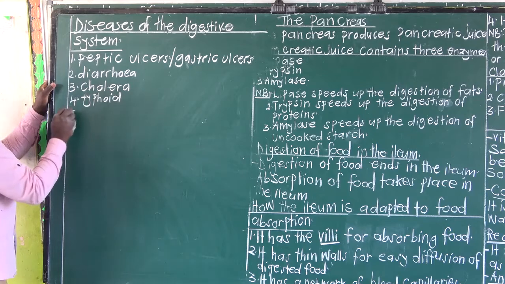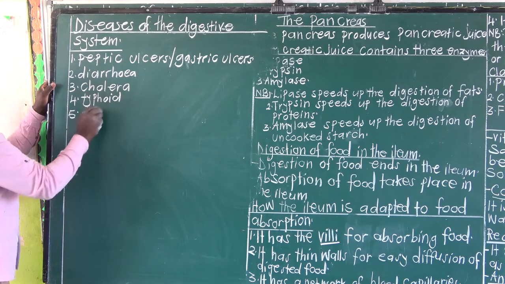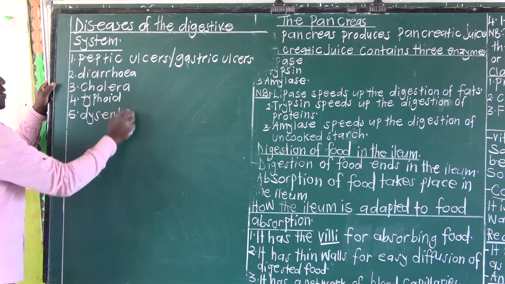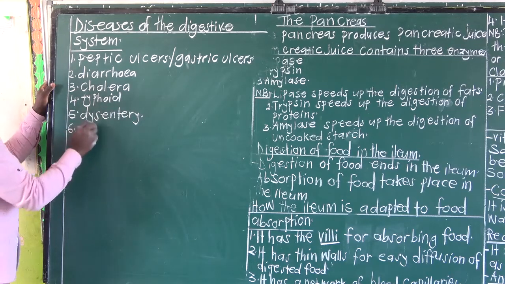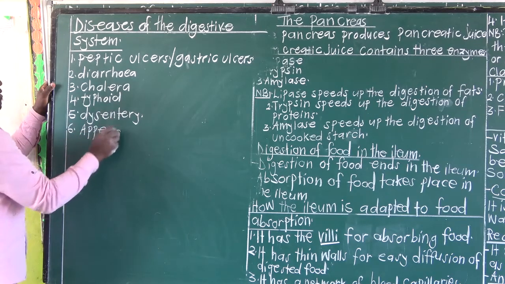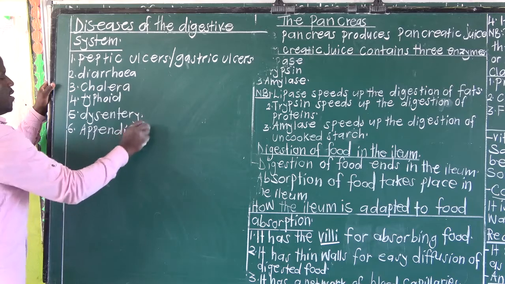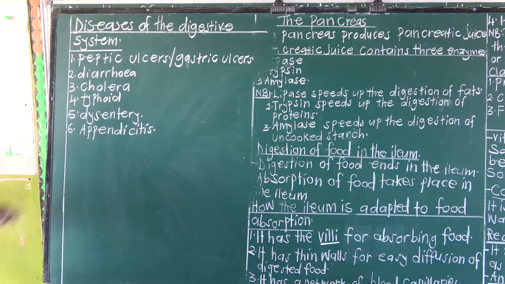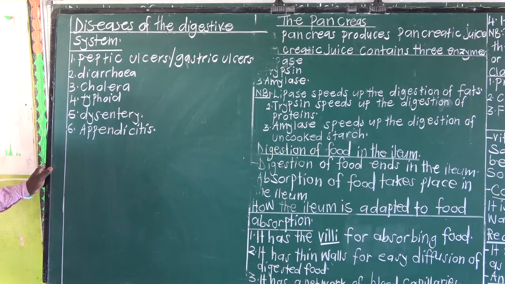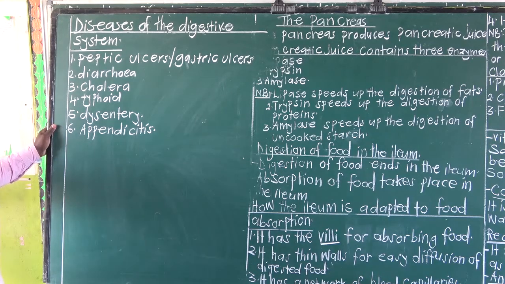Then we have dysentery. Then we have appendicitis. Now, appendicitis affects a part called the appendix. When you eat food with a lot of stones and swallow them with food, those stones are not digested.